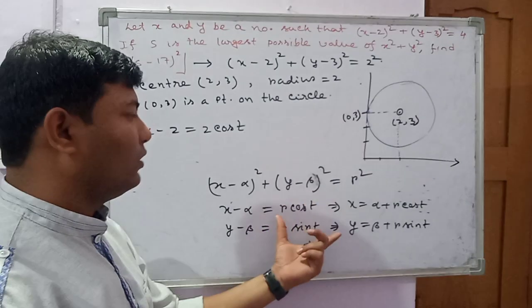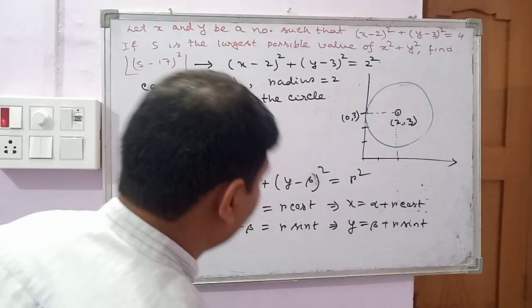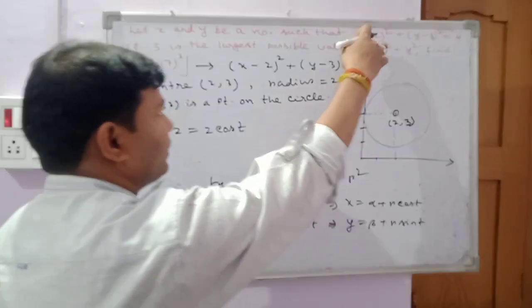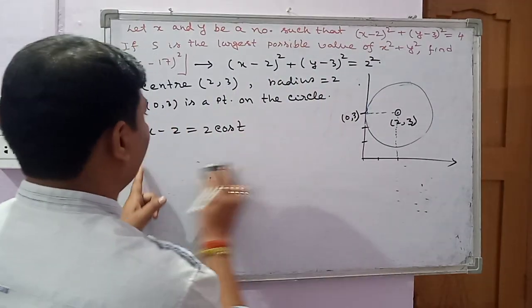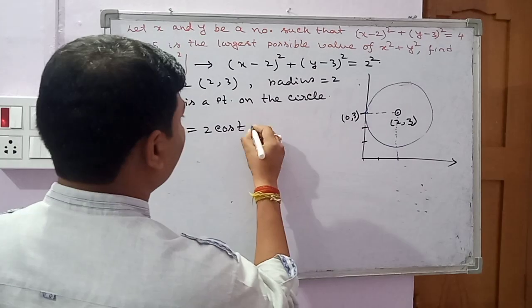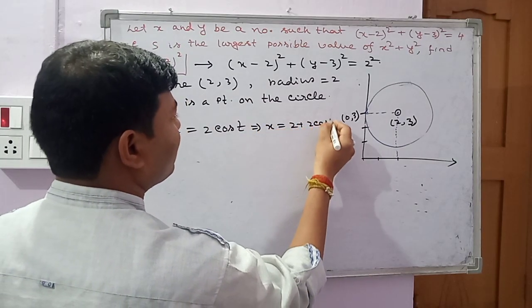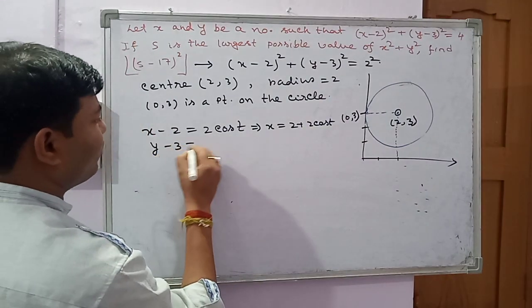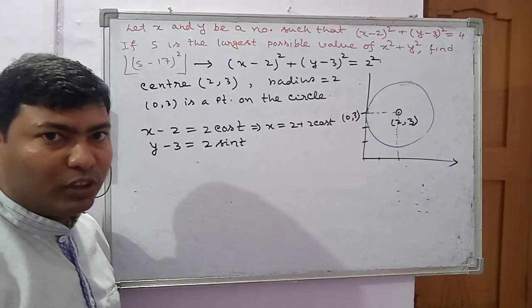Clearly, if we choose this way, any point on this circle can be chosen as x equals 2 plus 2 cos t and y minus 3 equals 2 sin t. In parametric form we are choosing.